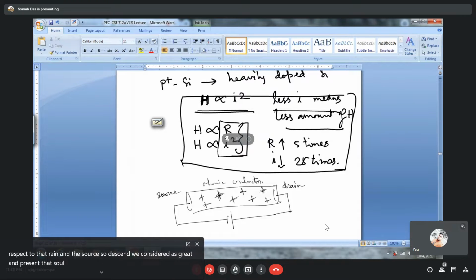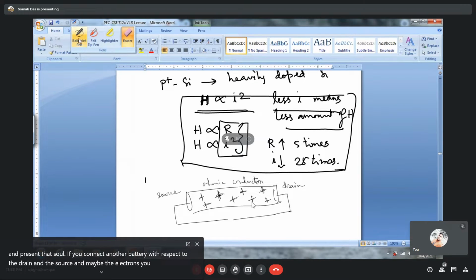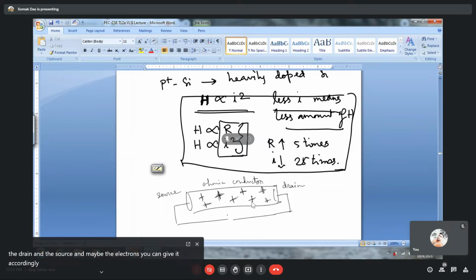So if you connect another battery with respect to the drain and the source, and the electrodes you can give accordingly. So what is this potential? VDS, the drain to source potential. So if you connect this kind of a drain to source potential, here it is a positive electrode, here it is a negative electrode.